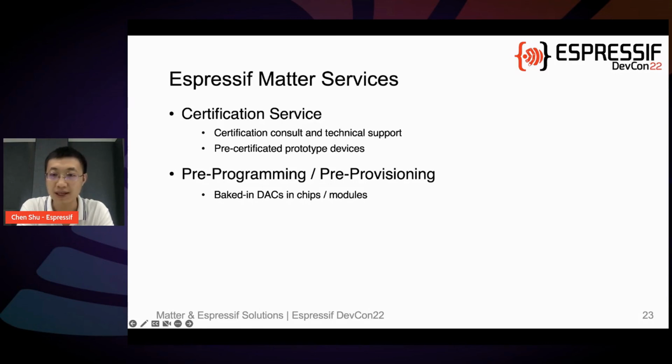Also, Matter requires per-device unique certificates and a secure manufacturing process. Espressif will provide the pre-provisioning service for Matter, where we will ensure that the modules are programmed securely and the security features are enabled before shipping them out. Espressif will also optionally offer baked-in DACs in modules, so our customers don't need to worry about the PKI service or DAC generation.